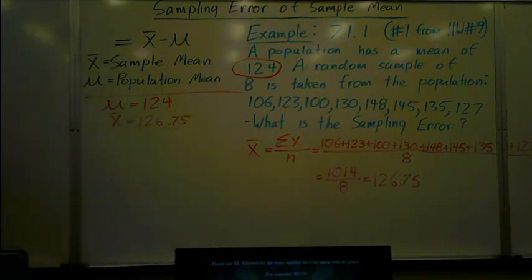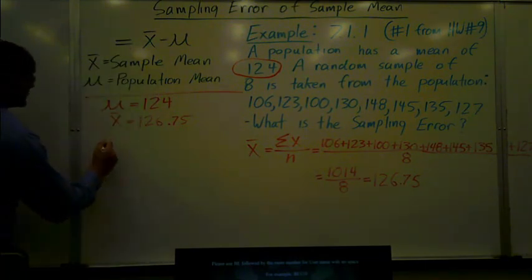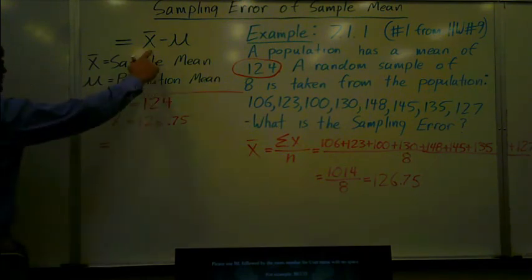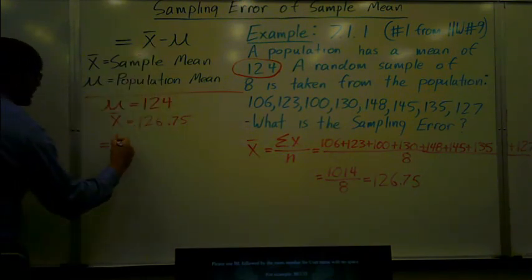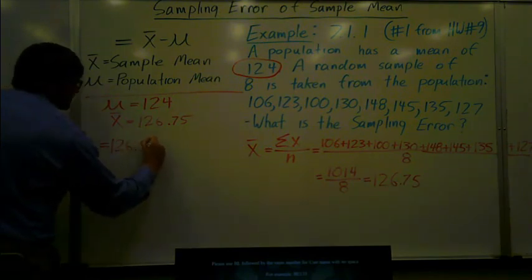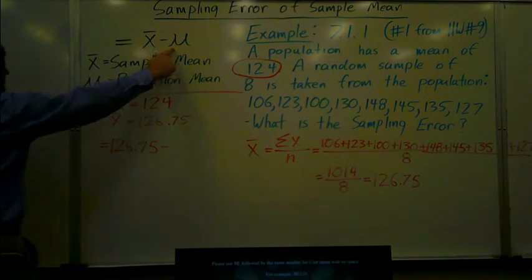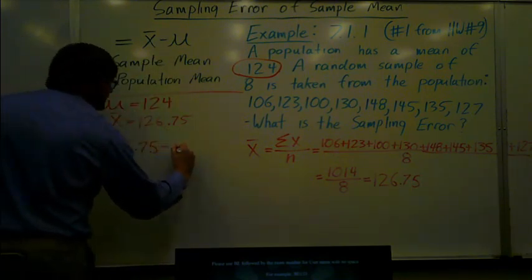Now that we have both the values we need to calculate our sampling error, we just plug them in. Our sampling error is equal to the sample mean of 126.75, subtract out our population mean, in this case 124.